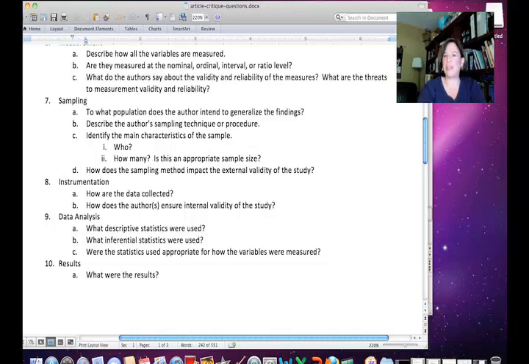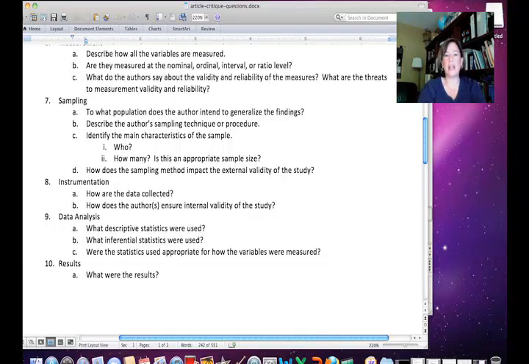But I would have to caveat that and say, well, but my sample only comes from one college, and the focus of this college is an associate's level degree. I'd have to create caveats. And we'll talk about that a little bit more when we talk about sampling. But you can still talk about the population that the author intends to generalize the findings to, because typically they'll come right out and say it.